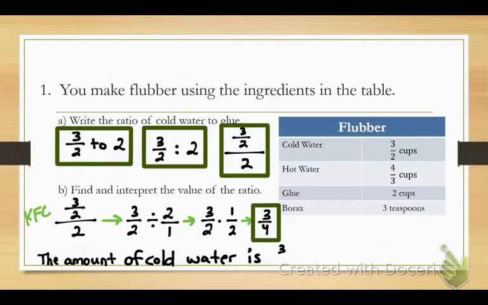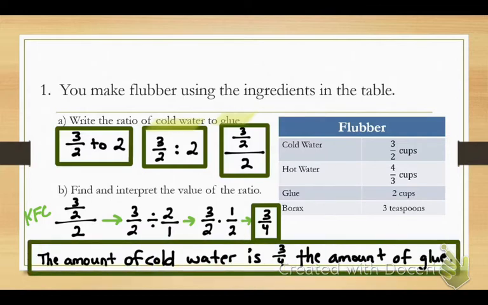So then we're going to put it's 3/4 the amount of, and what was the second thing that we are comparing? Glue. Good job. The first thing was cold water. The second thing was the glue. So the amount of cold water is 3/4 the amount of glue. And that is what you have to do when you interpret what the value of the ratio means.